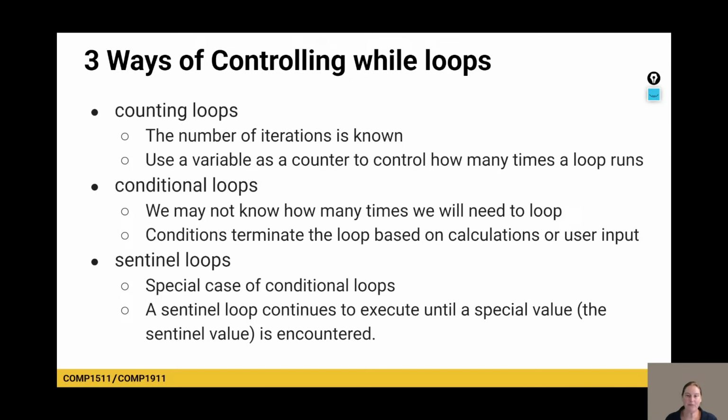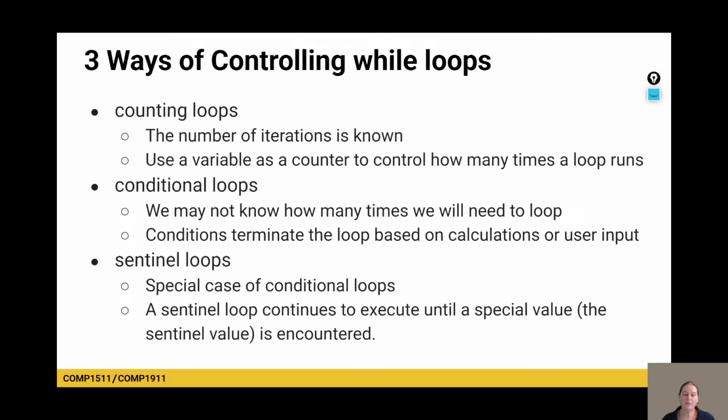Or we might be getting random numbers from somewhere. We call those more generally conditional loops. I mean, all of our loops are going to have conditions in them, but these are more general forms of a loop.